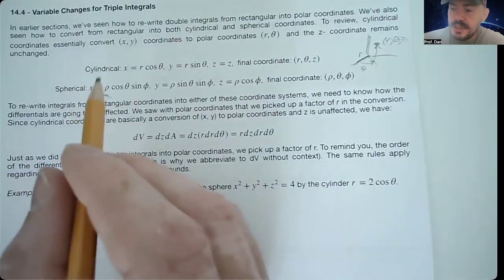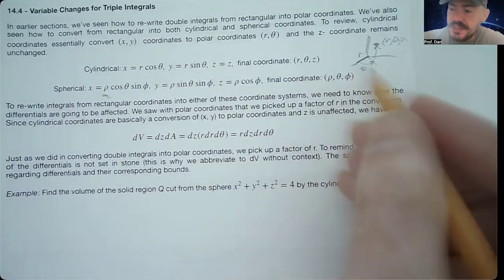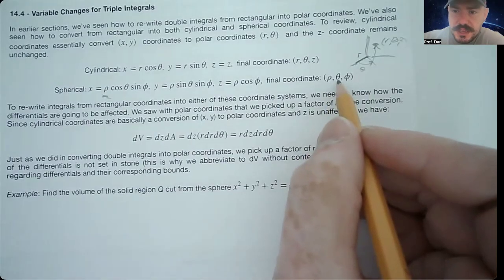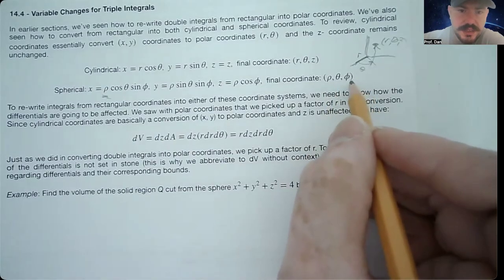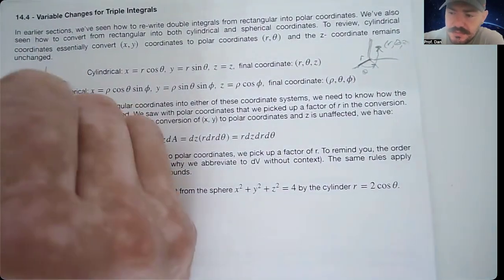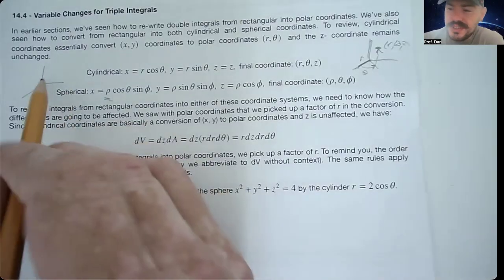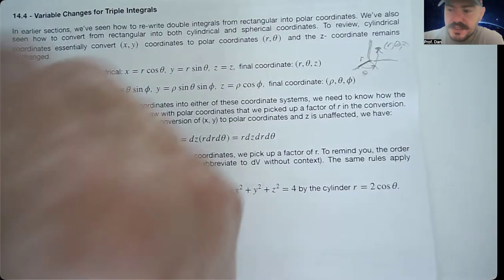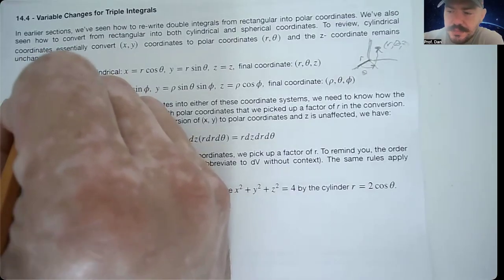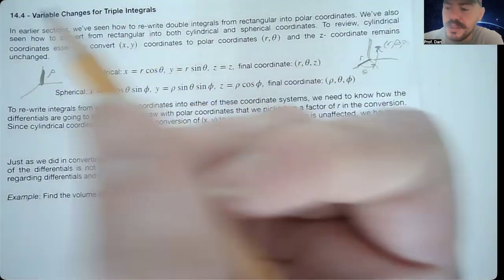So in spherical coordinates, you have three different parameters: rho, theta, and phi. If I'm in a three-dimensional coordinate system, rho does not actually go out on the x-axis. I want you to think of rho as going straight up the z-axis. So you go up by some amount, that's your rho.